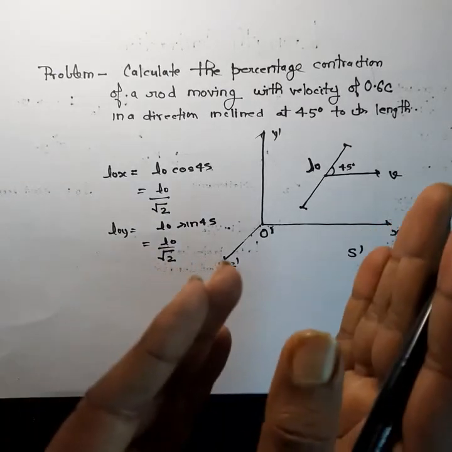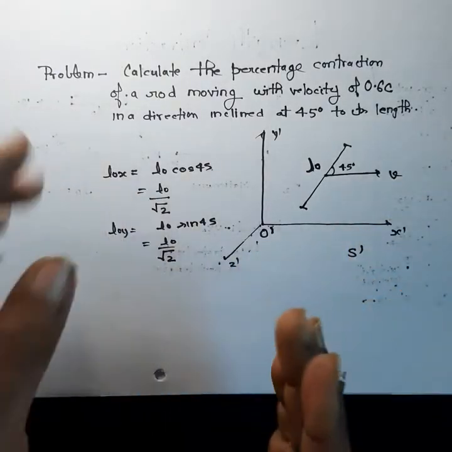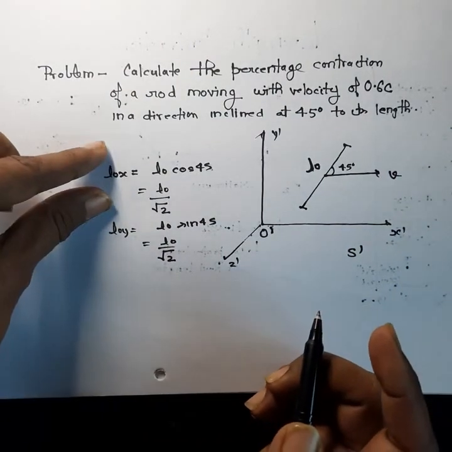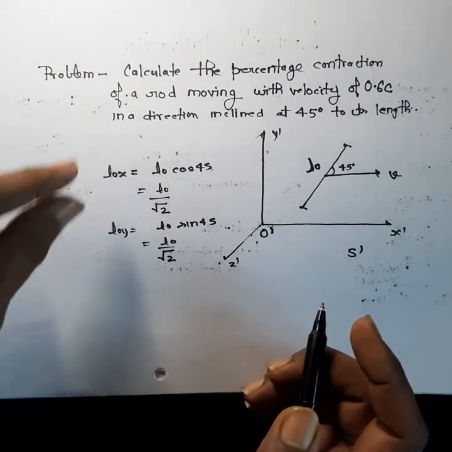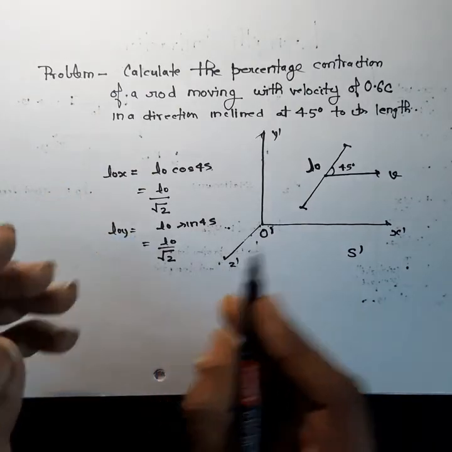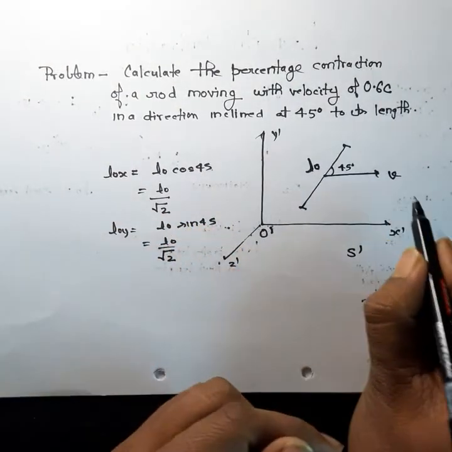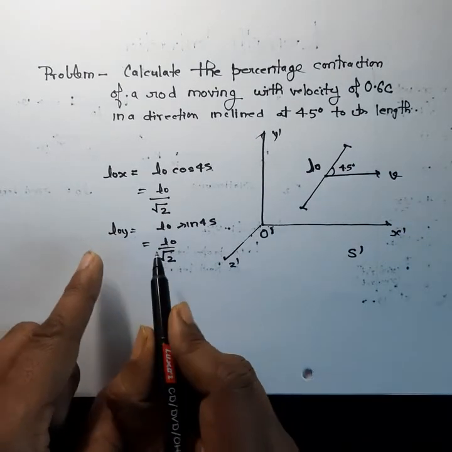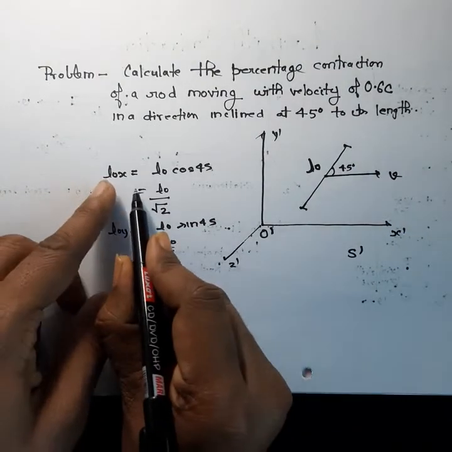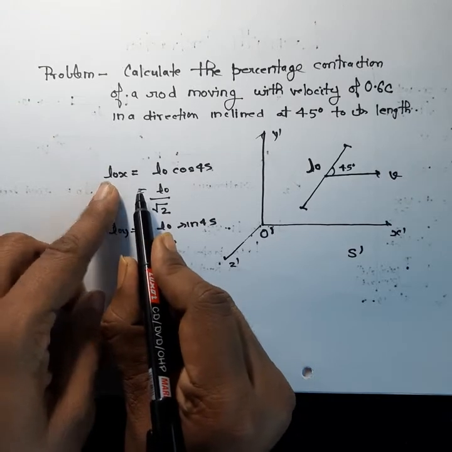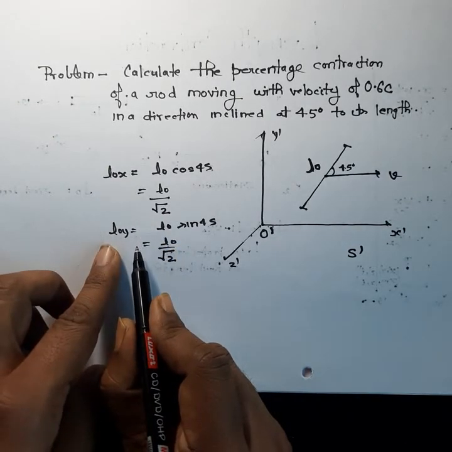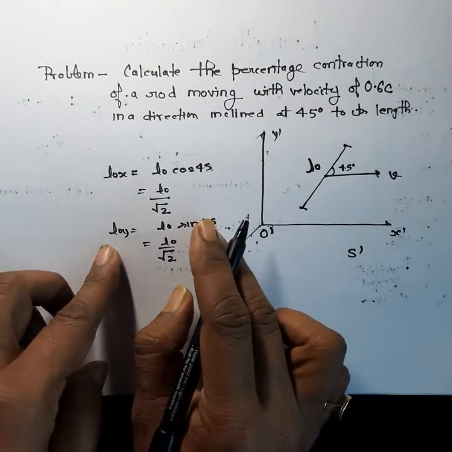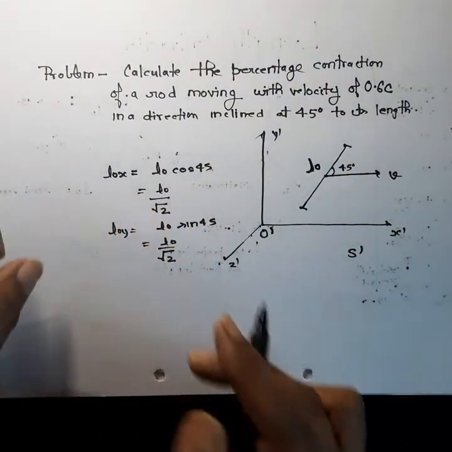So now you have resolved it into two components, one horizontal and the other vertical. Since the rod is moving in this direction, contraction will take place only in this dimension of the rod. There will be no contraction in the other direction.